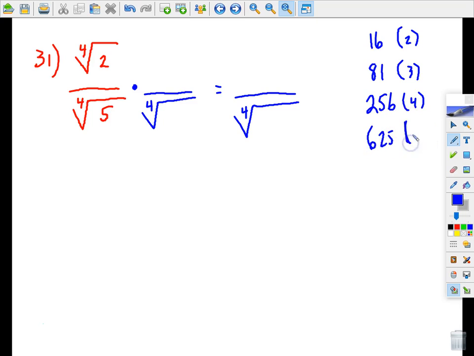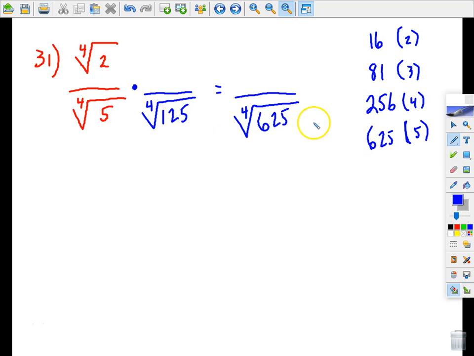So I noticed that obviously it should be possible to multiply 5 times a number to equal 625. They both end in 5. 5 is a factor of 625, and that would be 125.